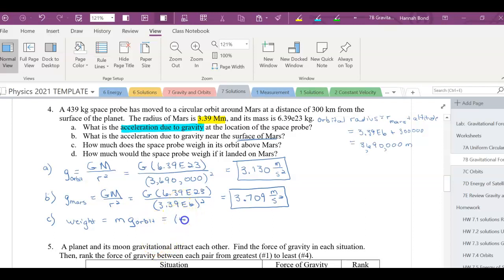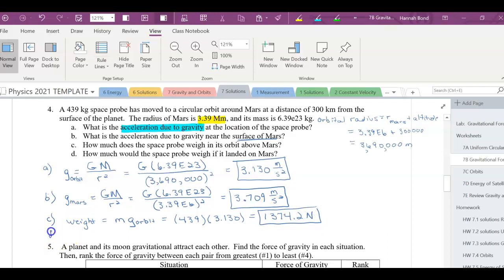Now the mass of the probe is 439 kilograms. You know, that's the same everywhere, the mass. But at its location in orbit, the g is 3.130. And so I get a weight of 1374.2 newtons.